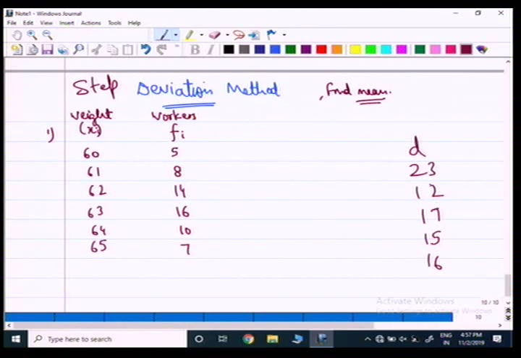So it is not mandatory to use it. If you think the values are already small, you can divide all the values by 1. That will also work. H you can take as 1. That varies from question to question. If you want to divide, you can divide. If you think you can solve it that way, then you can take H as 1 also.